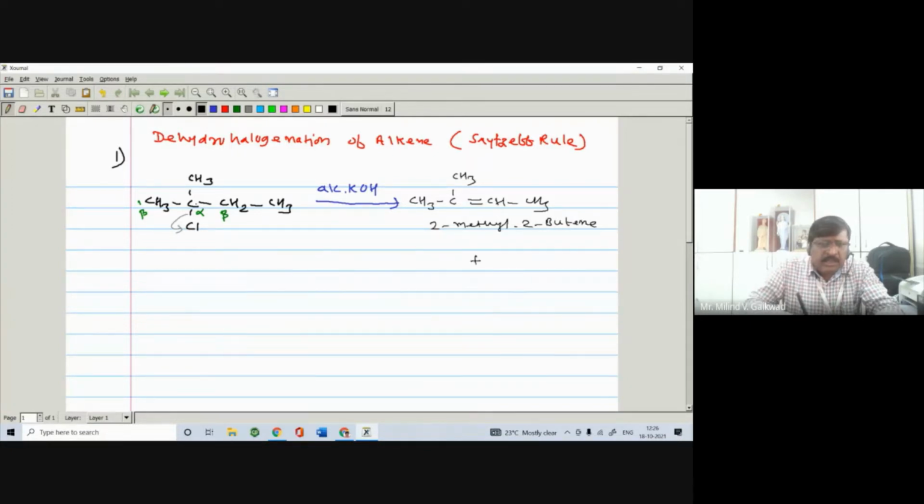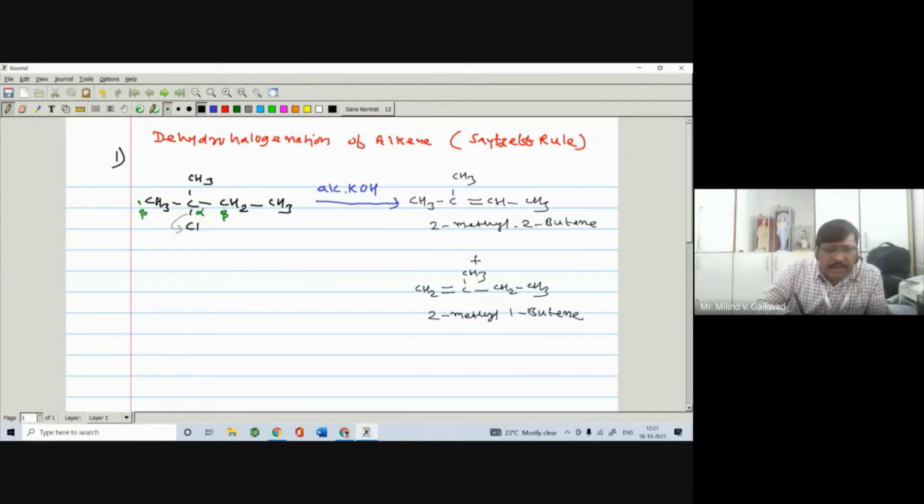Plus, there is a removal of hydrogen from the beta dash. So here you can get CH2 double bond, CH3. Here is the CH2 and CH3. So 2-methyl 1-butene compound, right?